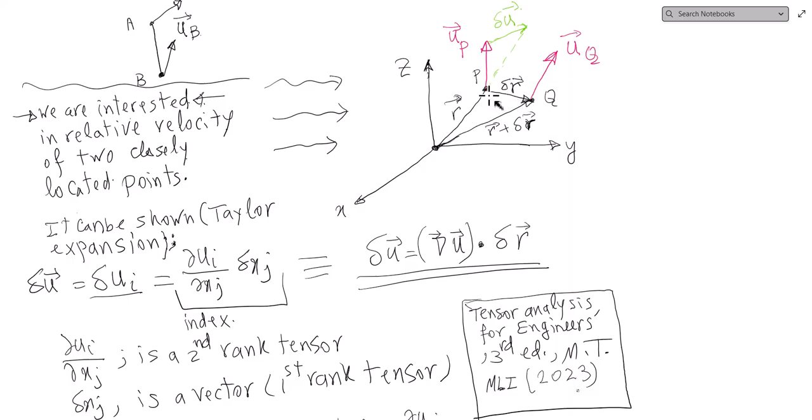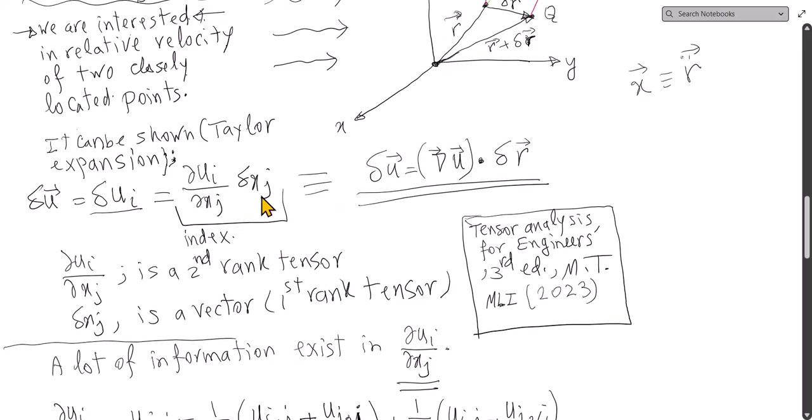I use delta r and delta xj as the same, since I use x in the gradient here, so x and r are consistent. I am considering the x vector as r. It's not the x coordinate, it's the position vector for any point that we are considering.